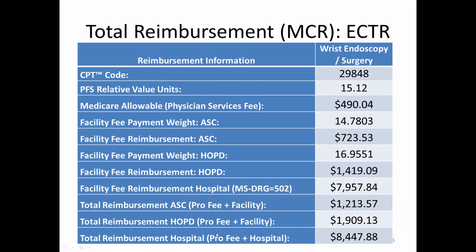And here's an example of the same procedure performed in an ASC, hospital outpatient department, and hospital. And you can see that for the ASC, the total expenses are higher. HOPD are higher still, here about $700. And then a hospital is a lot higher. So you want to use this information when negotiating for overhead.